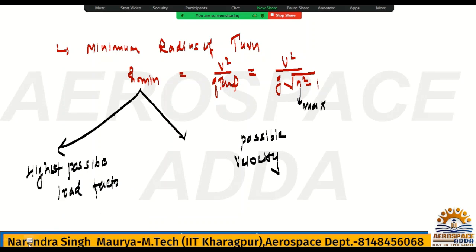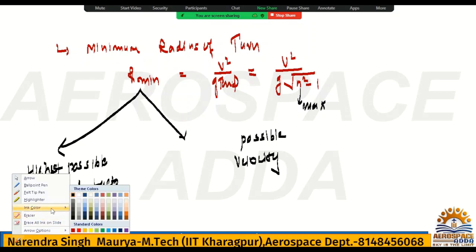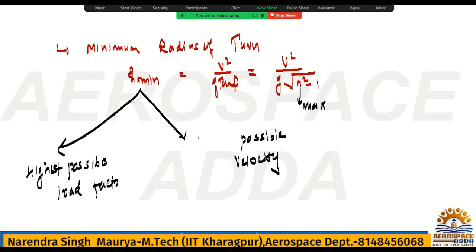If you have these two things, then you will have a minimum radius of turn. So you should have n max, the highest possible load factor, and this velocity must be minimum. Understood?